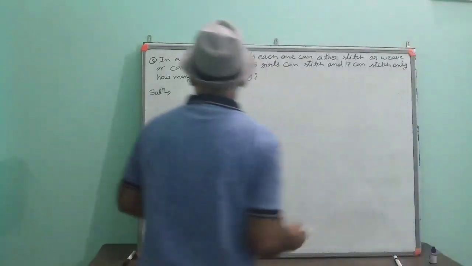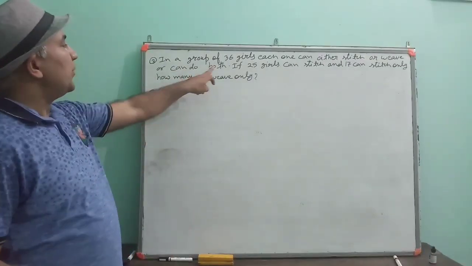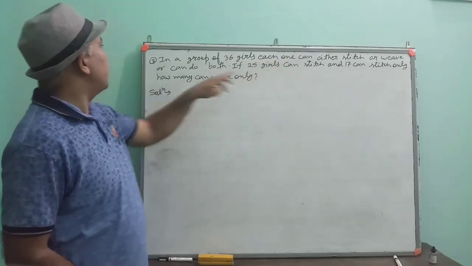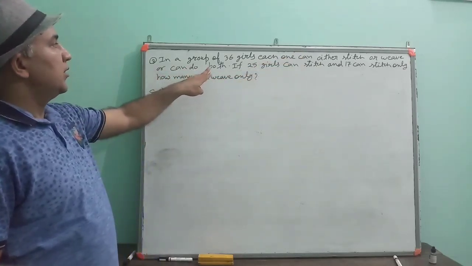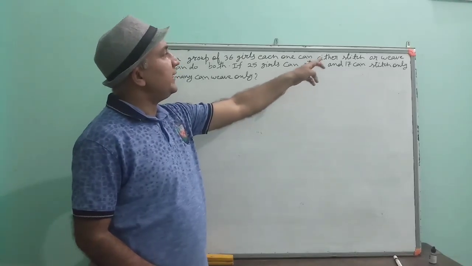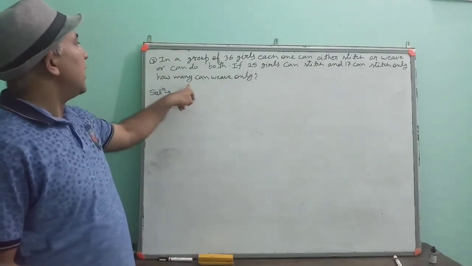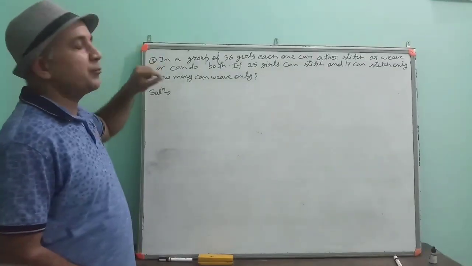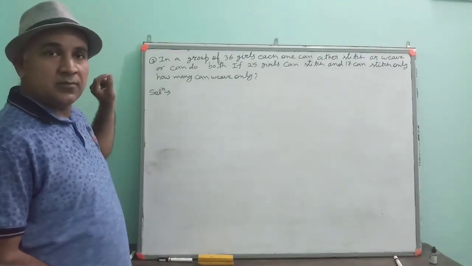Okay children, now see this question. In a group of 36 girls, each one can either stitch or weave or can do both. If 25 girls can stitch and 17 can stitch only, then how many can weave only? Now by reading the statement you have to find the symbols.